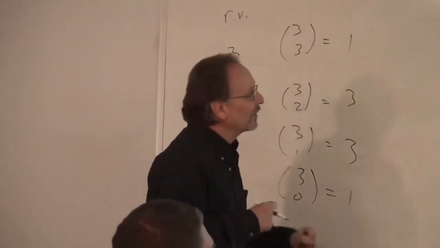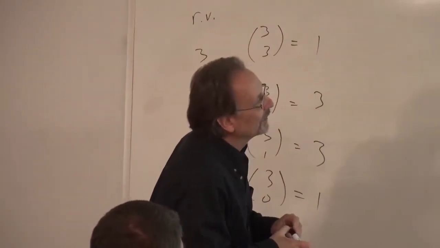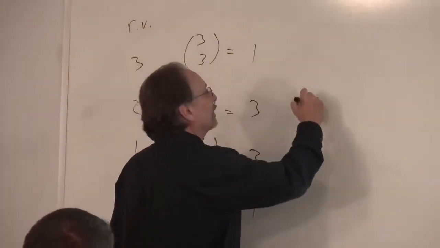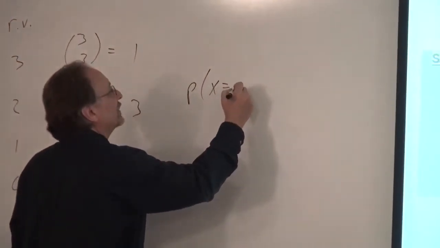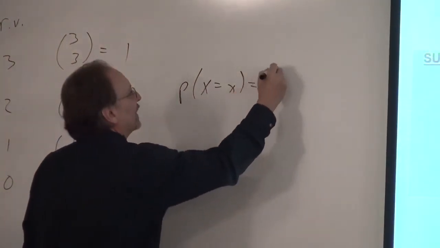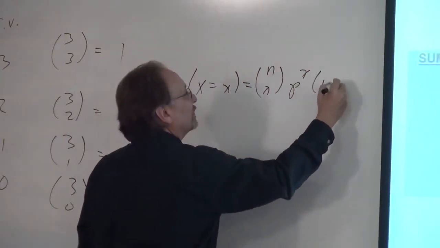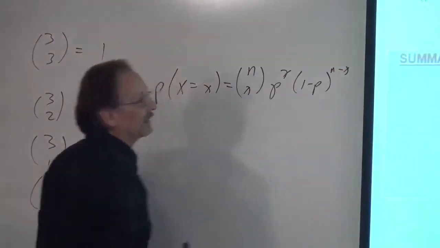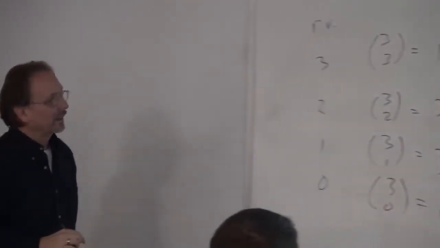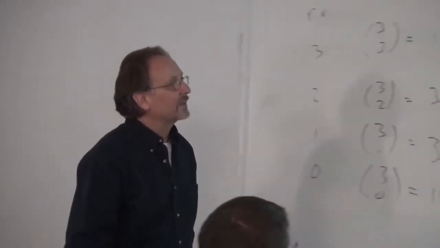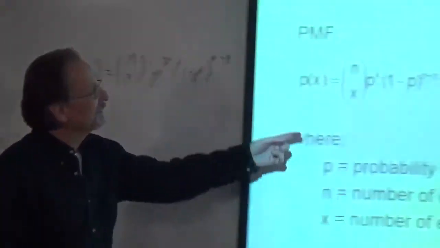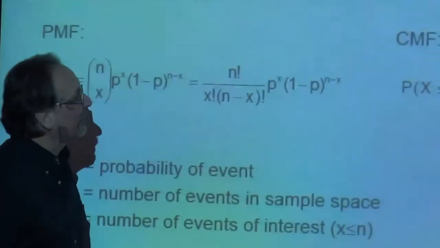Because the binomial theorem is: probability of x equal to little x equals n objects taken x at a time, p to the x, 1 minus p to the n minus x. And that's our probability mass function for the binomial distribution.